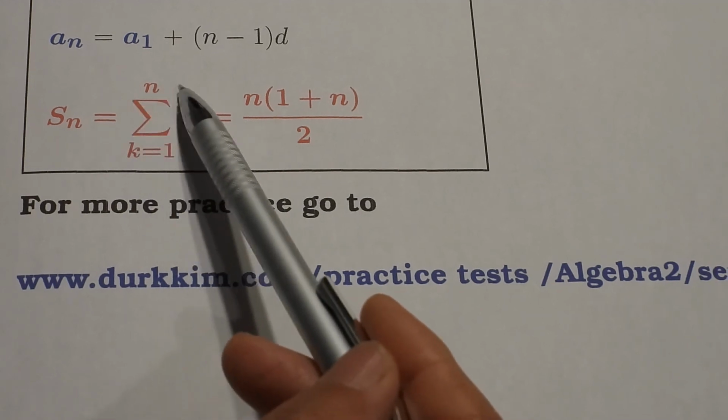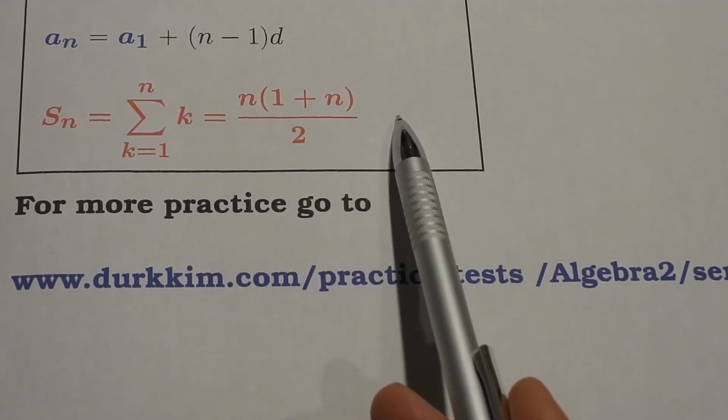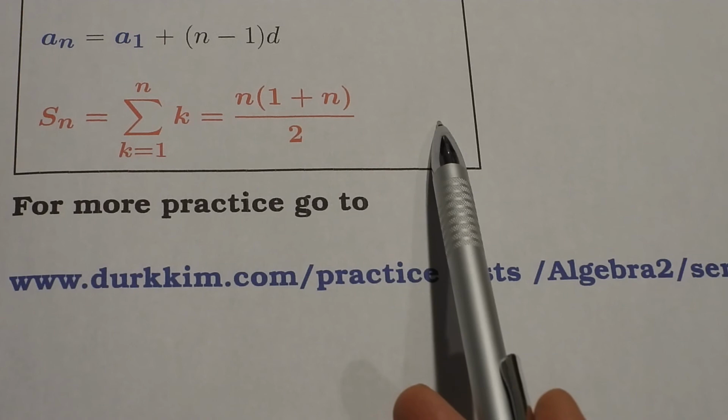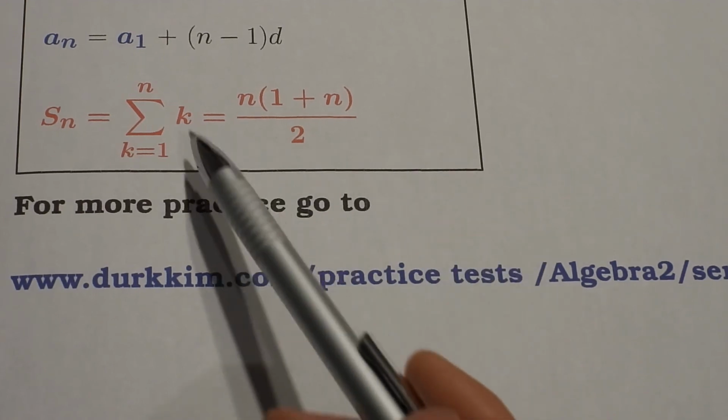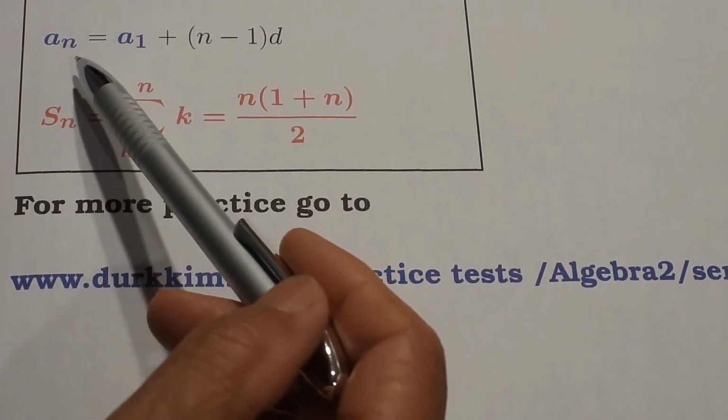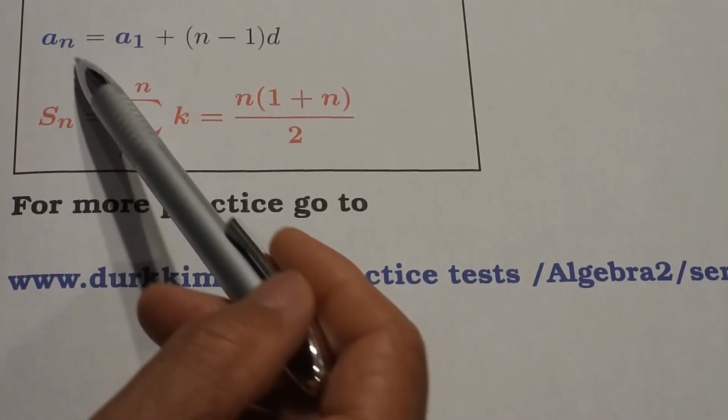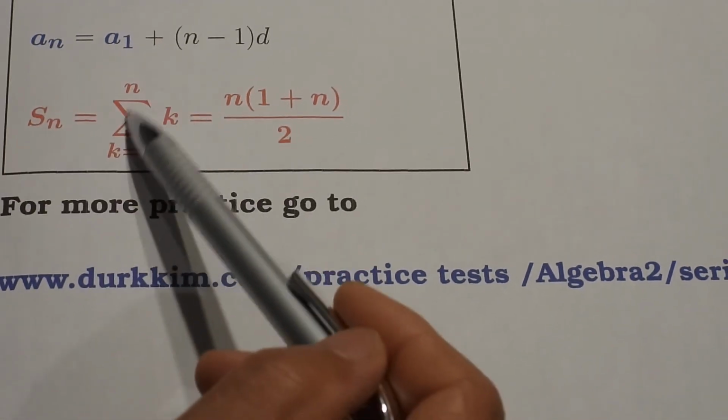And what was the actual meaning of that? It was 1 plus 2 plus 3 plus all the way up to n. Okay? Today, you simply memorize these two basic formulas.